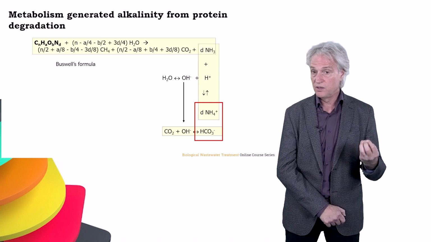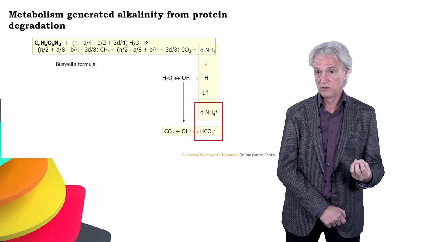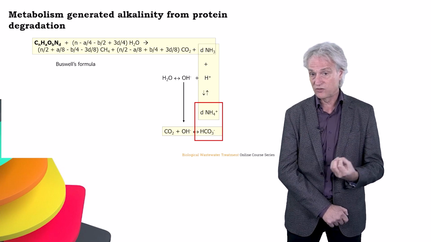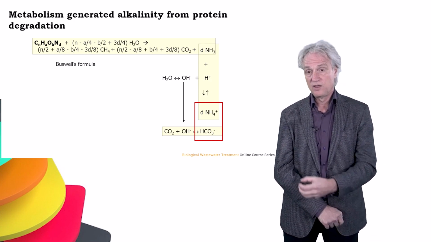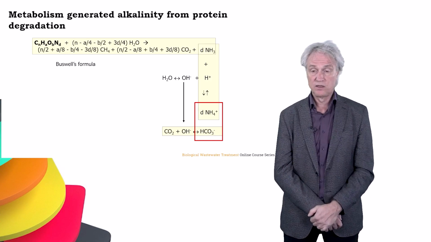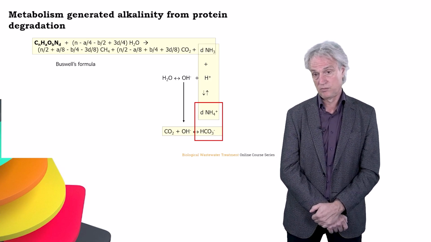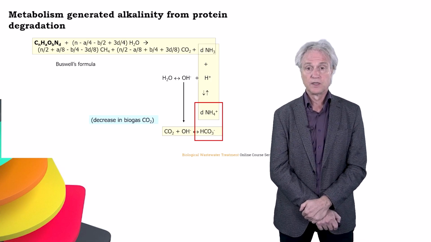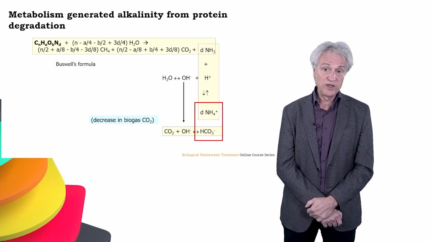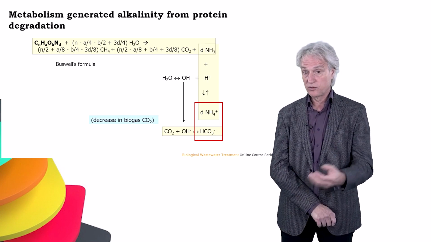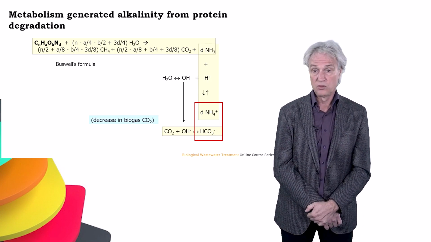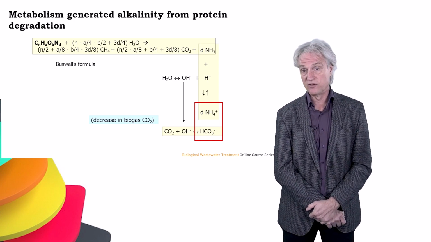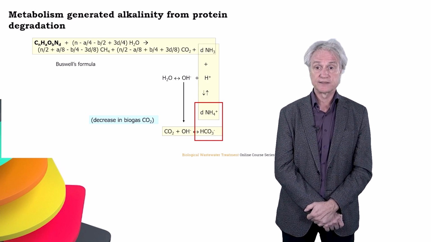That means if we digest proteins, we generate the ammonium. The ammonium binds bicarbonate, and in that way we generate again the buffer, the bicarbonate. We increase, in fact, the bicarbonate buffer. And of course we decrease a little bit the CO2 in the biogas, because the CO2 is now bound with the hydroxyl ion that was liberated in the protonation of ammonia gas.